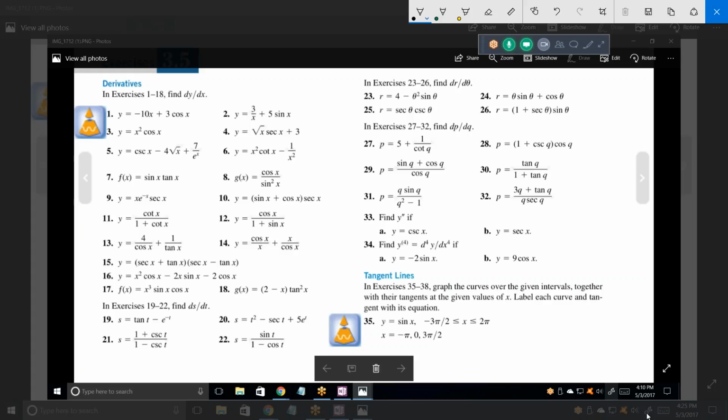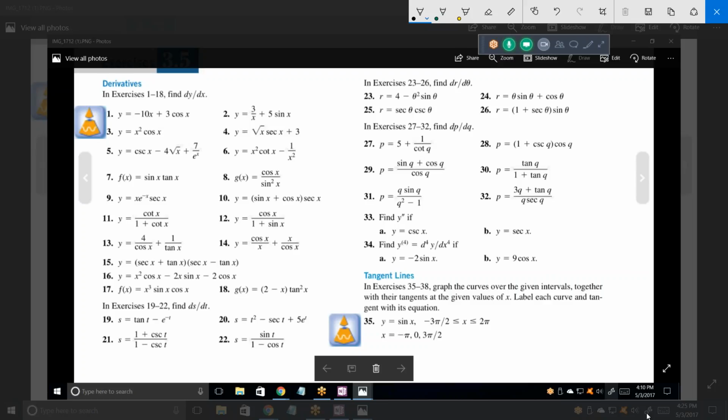But what's easier, using the quotient rule or turning it into e to the minus x? Turning it into e to the minus x is a heck of a lot easier to differentiate than using the quotient rule. The quotient rule is a pain.